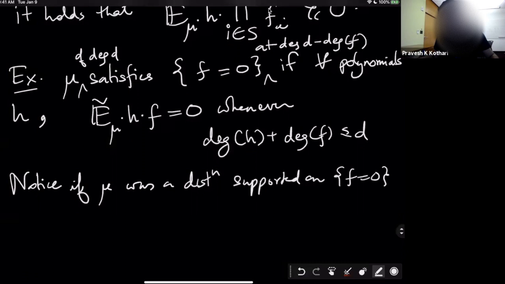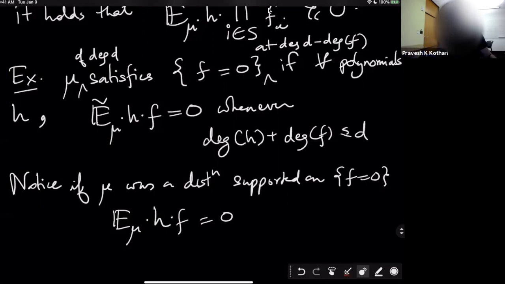If mu was supported on the set of x's that satisfy f equals 0, then it would definitely hold that the expectation over mu of any function h times f must be 0. Why? Because for every point in mu's support, f(x) equals 0. So h times f(x) equals 0, and therefore the expectation of hf must be 0. Right? So far, so good? Good.